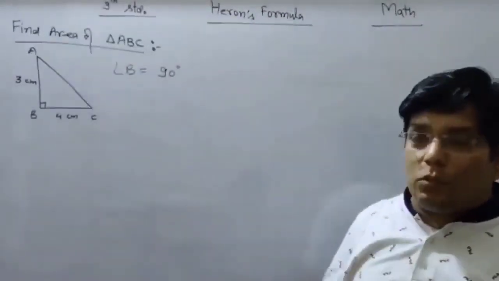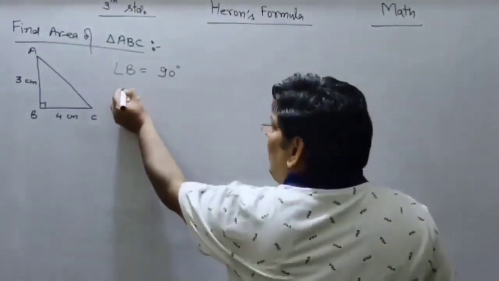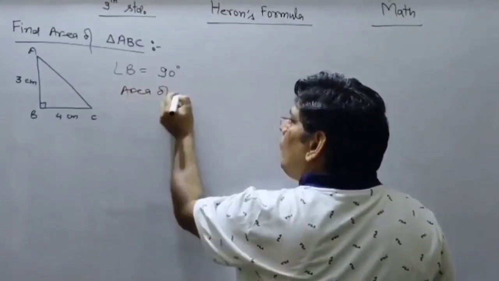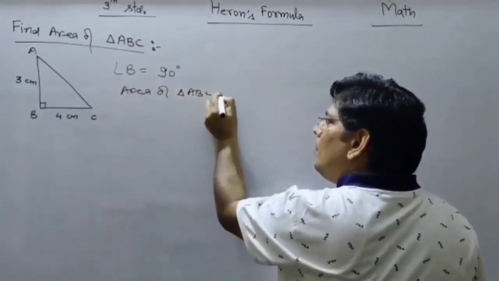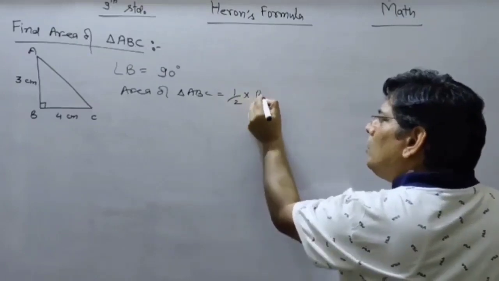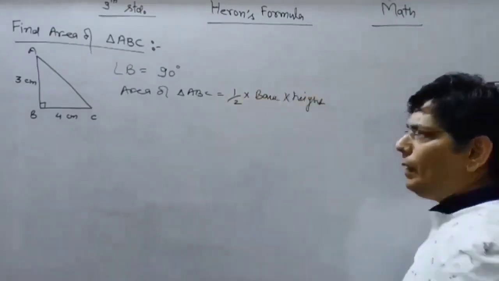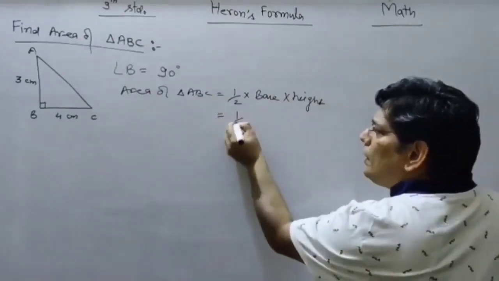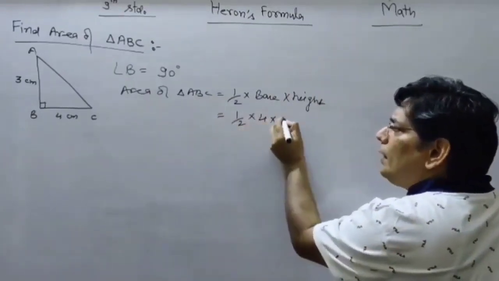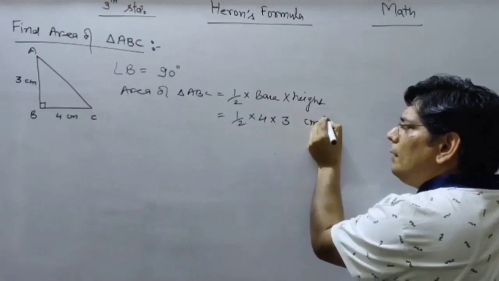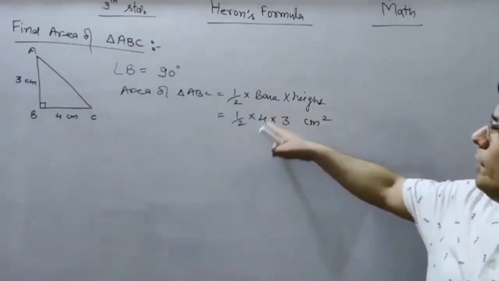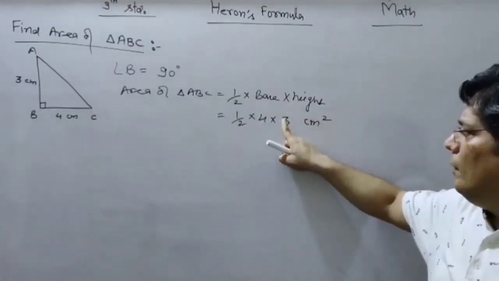When angle B equals 90 degrees, then the area of triangle ABC will be half into base into height, because this is a perpendicular. So base will be 4 centimeter, height will be 3 centimeter.